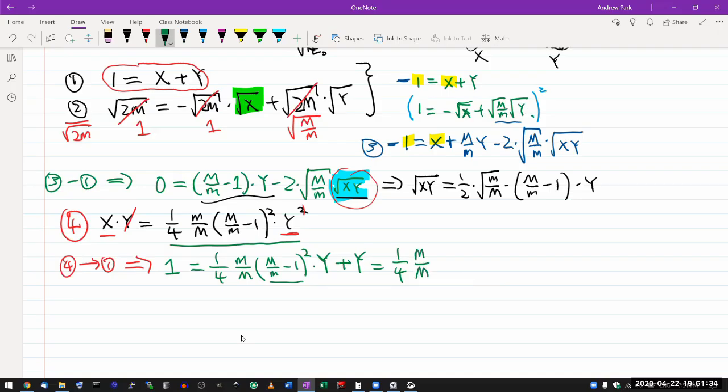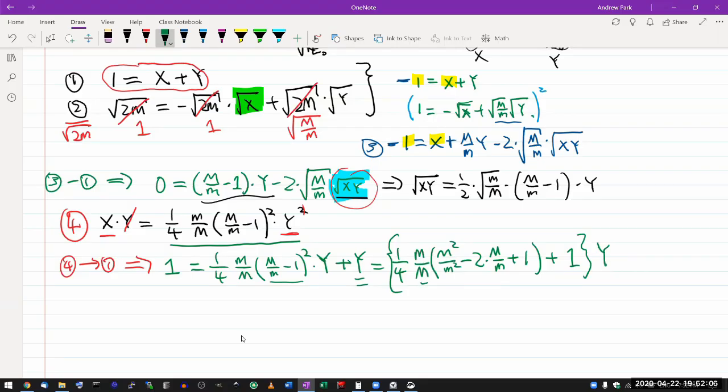So small m over big M times expanding that thing out: it's M squared over m squared, minus the cross term 2 times big M over small m, plus the minus 1 squared, 1. Plus 1 from the second term there, and I factored out y.